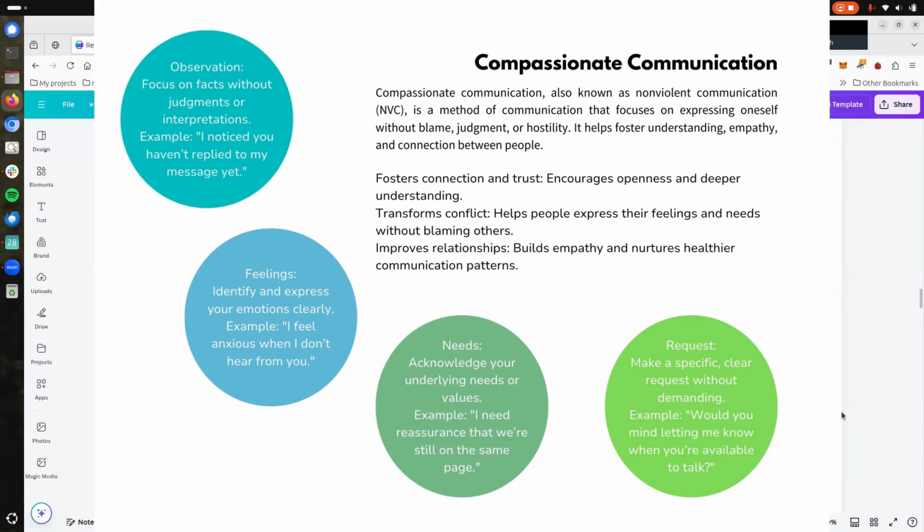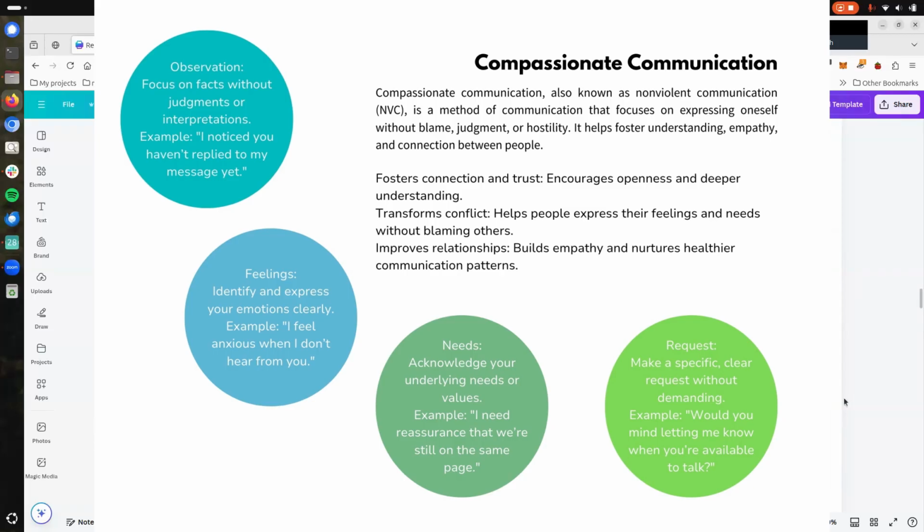Lots of CoLab members, I would say, are quite well versed about this, and they're able to express maybe frustration or irritation using questions rather than making statements, and also approaching things with curiosity. I feel that most of this compassionate communication is about maintaining a level of curiosity.